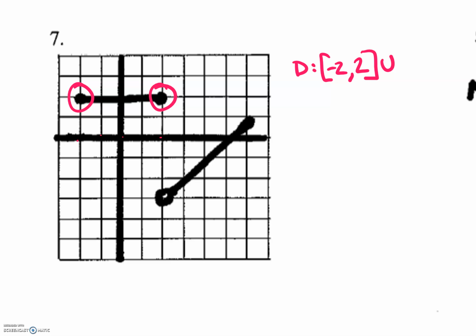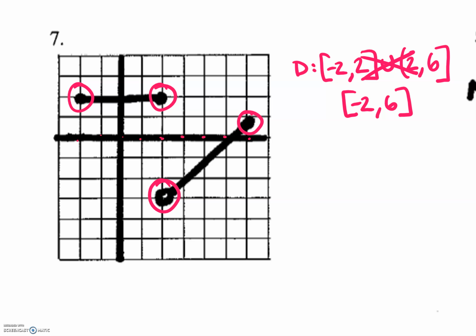Union, my second piece starts right there, which is also a +2. And then it stops right there. If I count over, it's 1, 2, 3, 4, 5, +6, and it's a bracket because it's a closed circle. Again, notice how there's no gap, so I can get rid of that and squeeze my interval to get my domain to actually be -2 to +6.